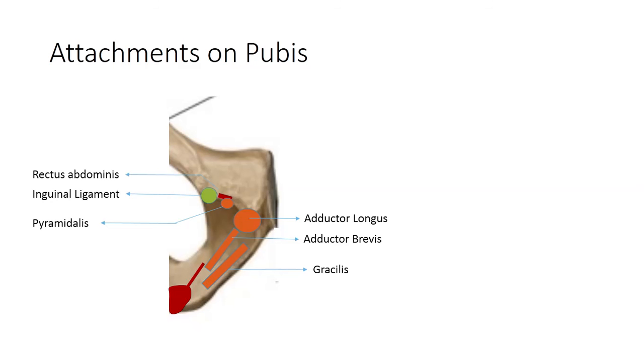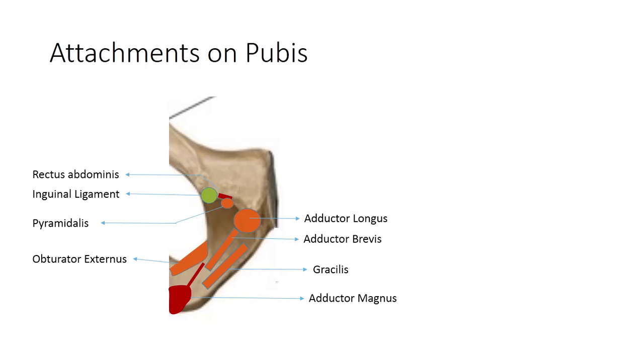Most of the adductor magnus is attached to ischial tuberosity. Then the most lateral attachment, this is adductor magnus, and most laterally there is an attachment of obturator externus, which is present around the obturator foramen.